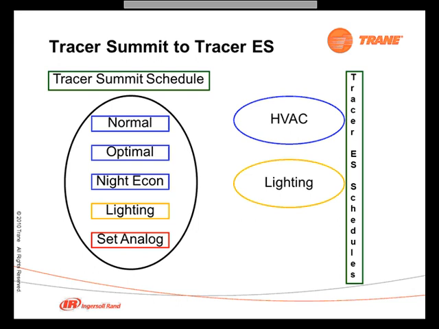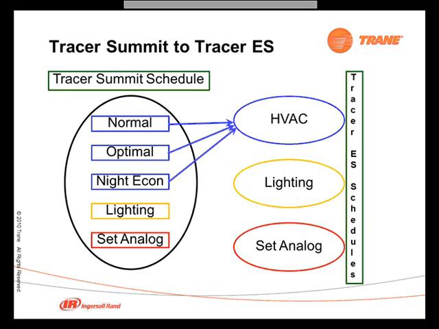As you can see here, lighting is still the same, and set analog is still the same. However, the normal, optimal, and night economize schedules are combined under the heading of HVAC on the Tracer ES side. Lighting and set analog remain the same.